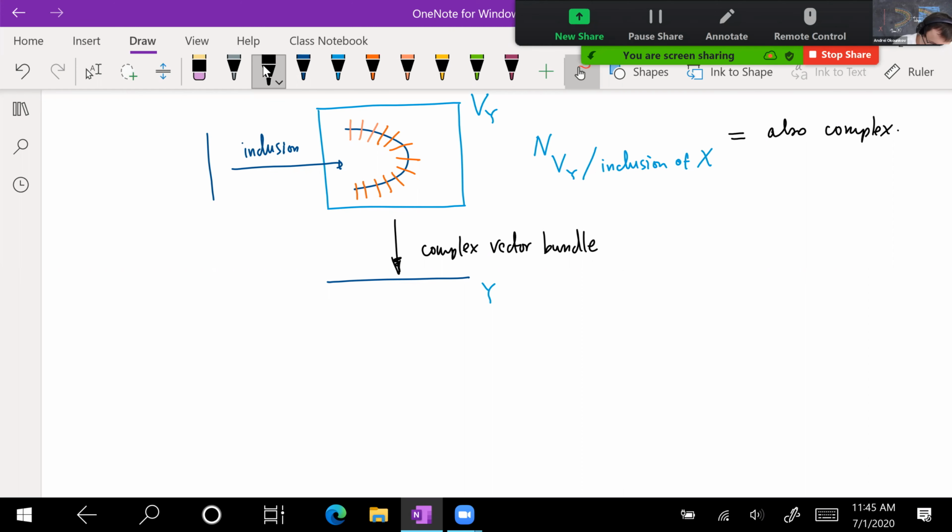So if I take the theta bundle of minus that normal bundle, well, this is over X. This is the same as the elliptic homology of the Thom space of the normal bundle, right?